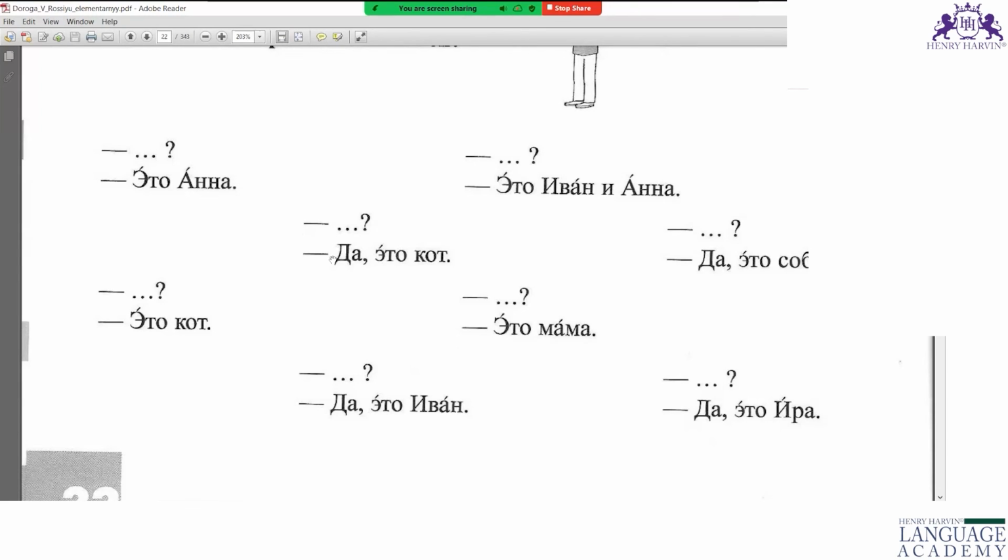Padmapriya, what was the answer here? What was the question? Это кот? Да, это кот. Vishal, what is the question here? It would be, is it Ivan?